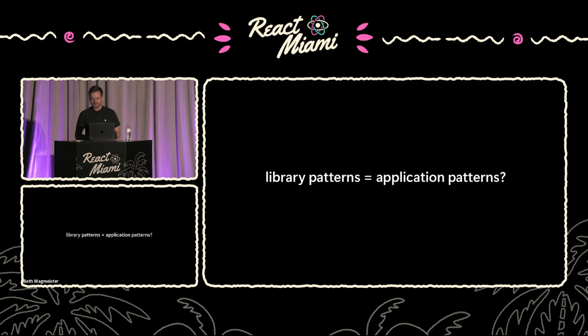Now, you might be thinking, I'm building an application, not a UI component library. Does this apply to me? And the answer is yes. When you're building a library, the stakes are higher. Our code runs inside someone else's app alongside their components, their state management.